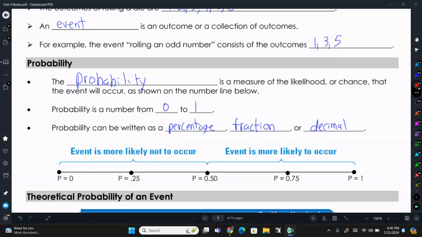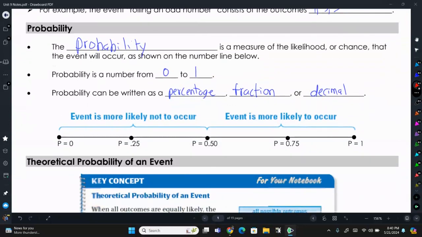Now, when we talk about how likely something is, if the probability is closer to 1, it's more likely to occur, but if it's closer to 0, then the event is less likely to occur, or not very likely to occur. So for example, flipping a coin, you have a 50% chance of a heads, 50% chance of a tails, so they're equally likely.